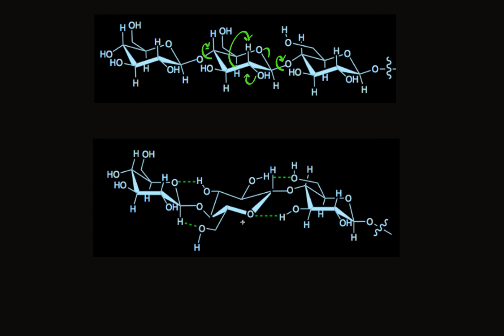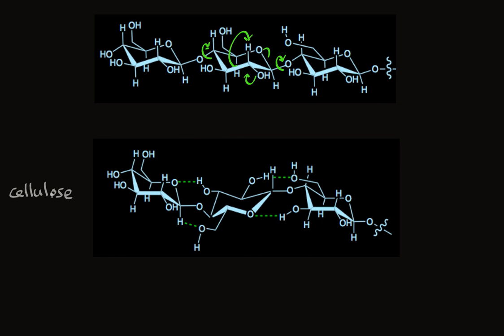When that sugar unit is rotated relative to the other 2 next to it, all this extensive hydrogen bonding that I show you here occurs to form a rigid structure. We have 4 new intermolecular hydrogen bonds that keep this structure from bending. This poly-beta-D-glucose is called cellulose, and it's the rigid sugar that gives wood its structure.